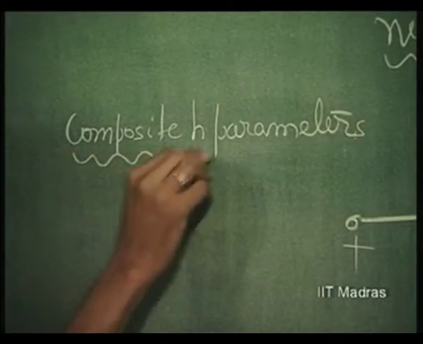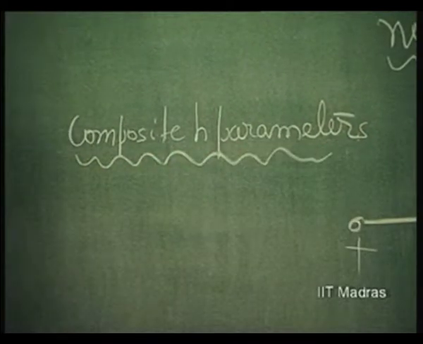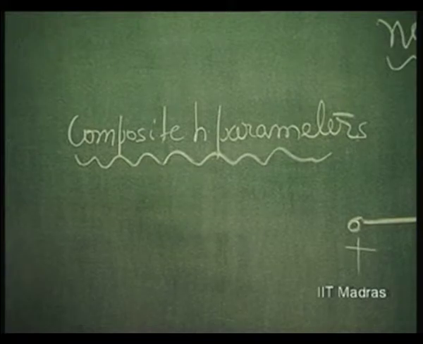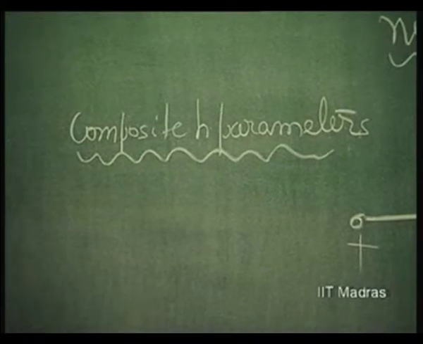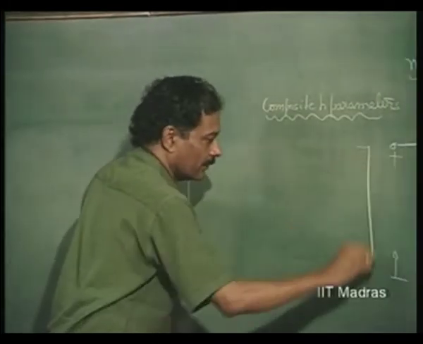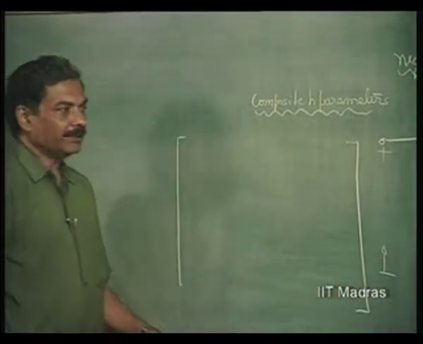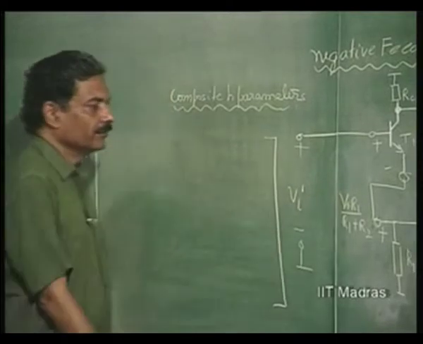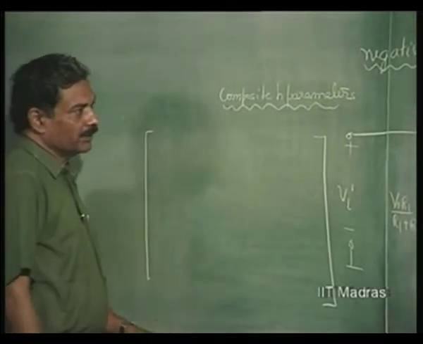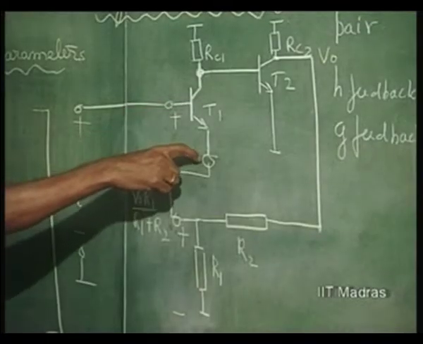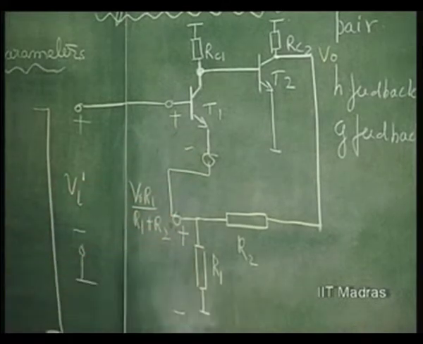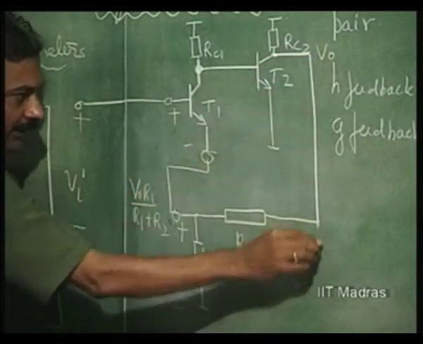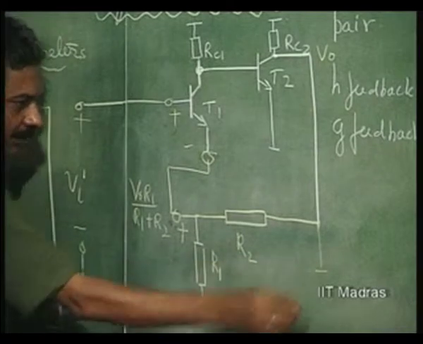Composite parameters will be determined for this whole network. How do we determine the composite H parameter? So, Hi of this network, this is Vi now, Hi of the network is going to be Hi of the amplifier plus Hi of the feedback network when the output is shorted, because it is a short circuit parameter.